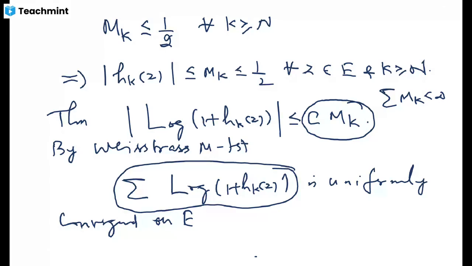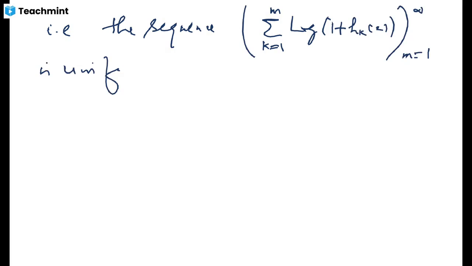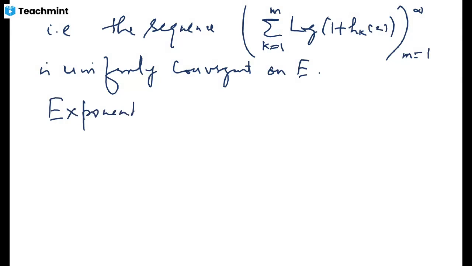let me interpret it in another way also. That is to say, the sequence of summation k from 1 to m of log of 1 plus h_k(z), where m ranges from 1 to infinity, is a sequence of partial sums. So this sequence of functions is uniformly convergent, because a series is convergent when the sequence of its partial sums is convergent. That means this sequence is uniformly convergent on E. So if you compose it with the exponential function, let us exponentiate it.